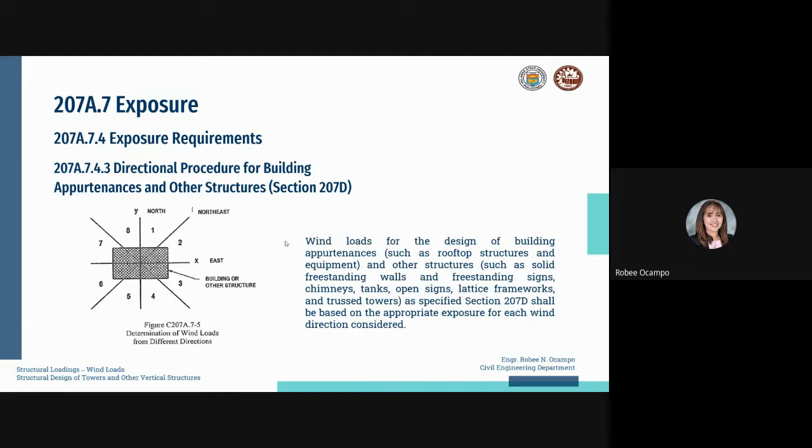Okay? Next meeting, we will continue discussing wind load, from the continuation of the general provisions of our wind load up to the directional procedure, Section 207D.